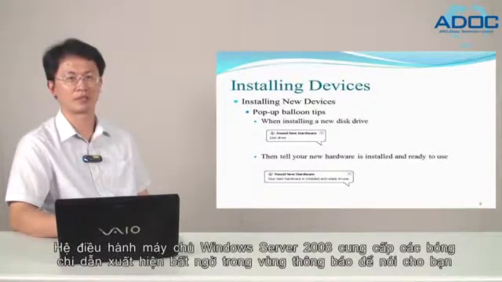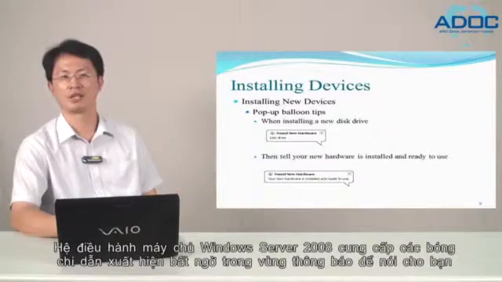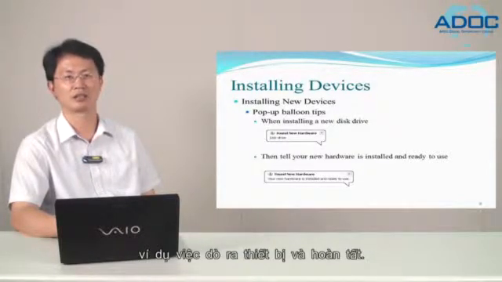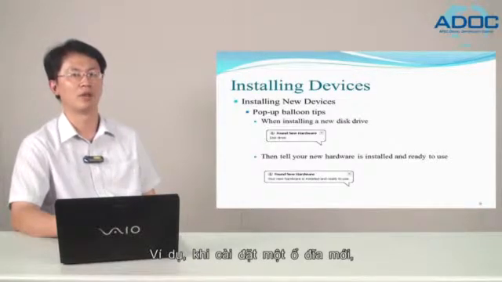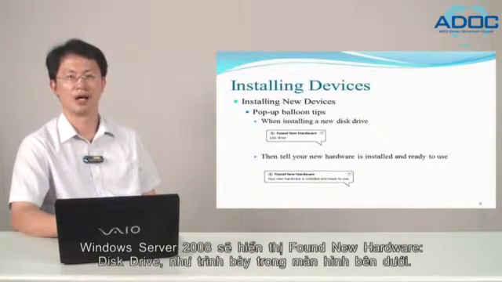Windows Server 2008 provides pop-up balloon tips in the notification area that tell you about the major steps in the plug-and-play installation process, such as device detection and finalization. For example, when installing a new disk drive, Windows Server 2008 might display Found New Hardware, Disk Drive, as shown in the following screen.